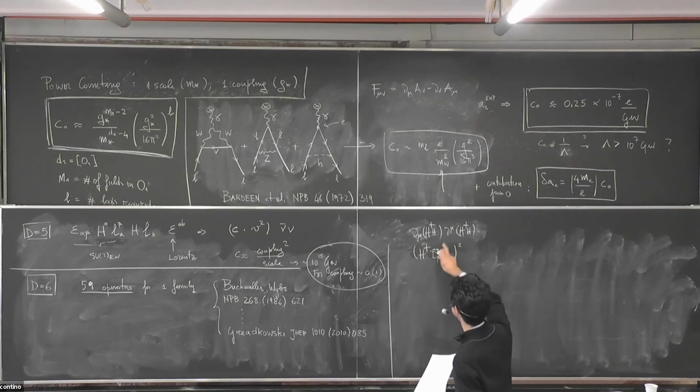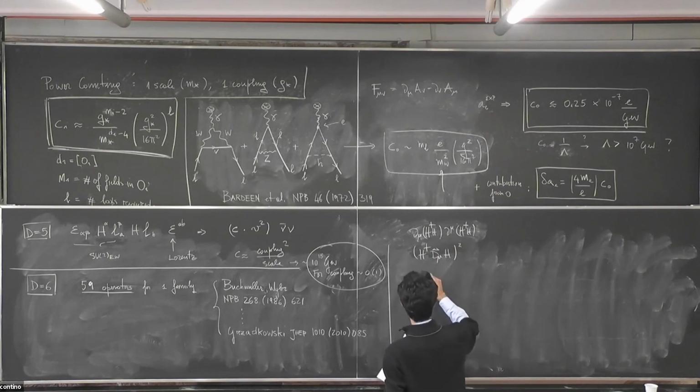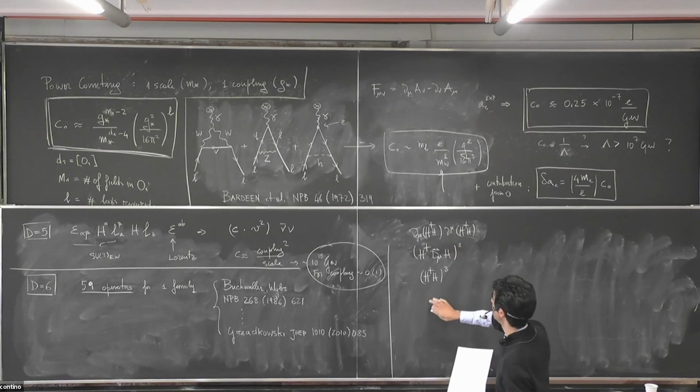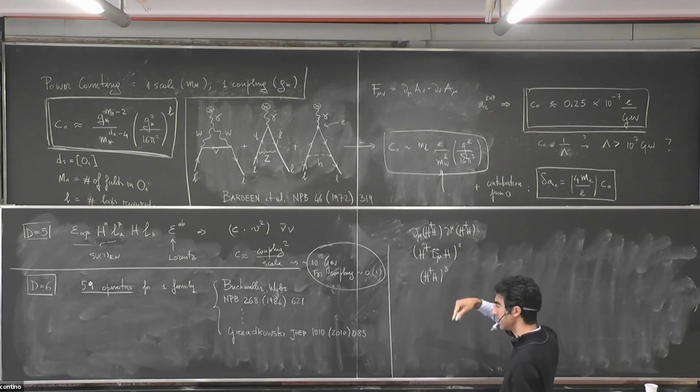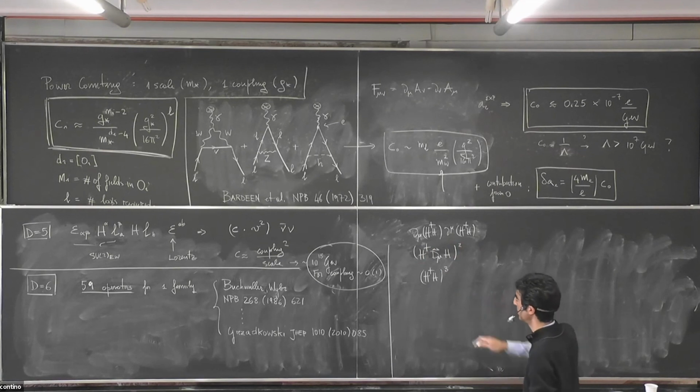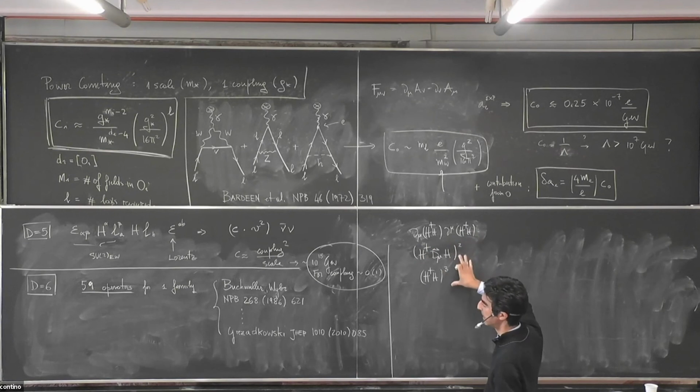Then there is an operator with 6 fields and no derivatives, the Higgs to the cube. And then you can show that the operators with 2 fields and 4 derivatives, again as in our previous calculation, can be removed by using the equations of motion. So it's very similar to our example, but now there are 2 operators instead of 1.